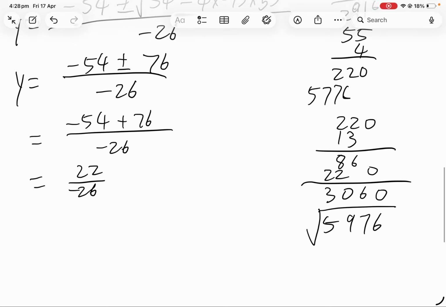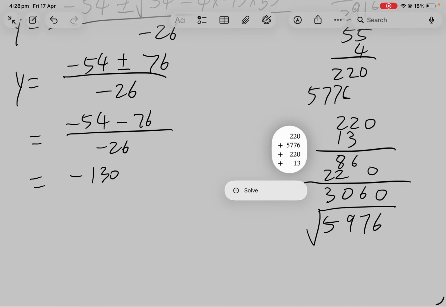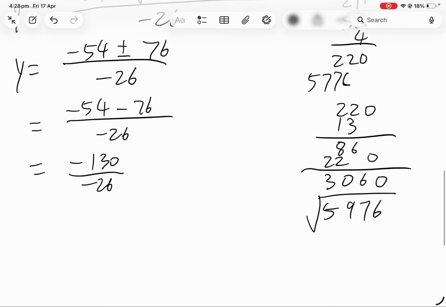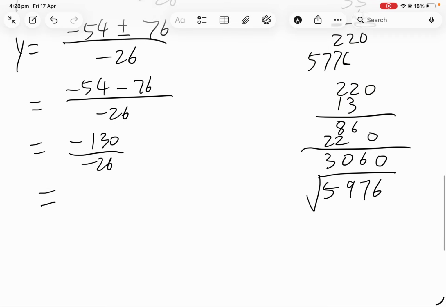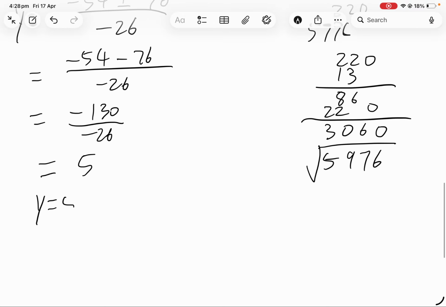So then we try the negative: negative 54 take 76 is negative 130, over negative 26, which makes 5. So y is 5.